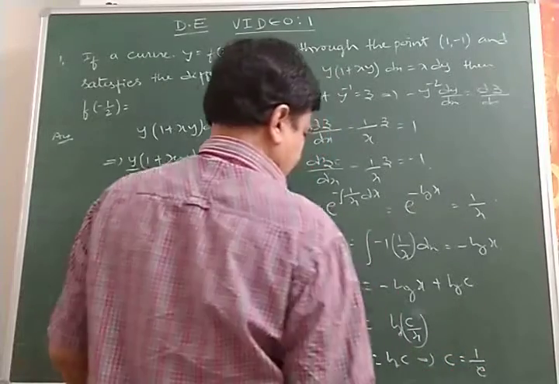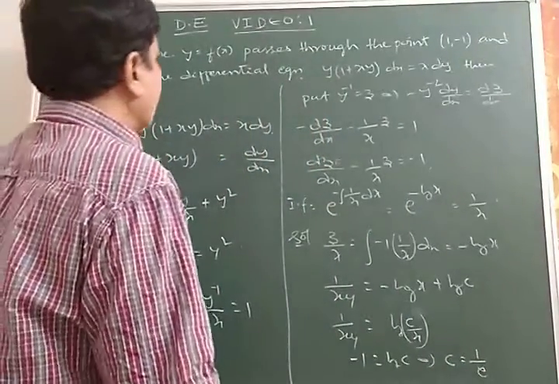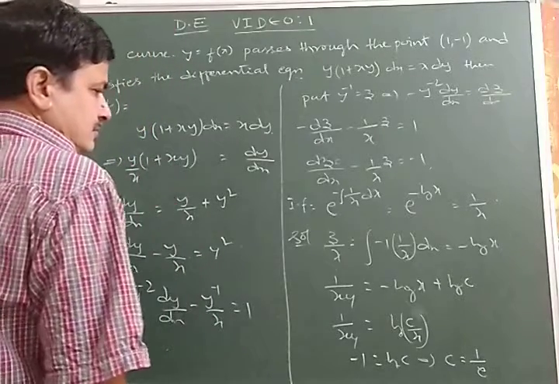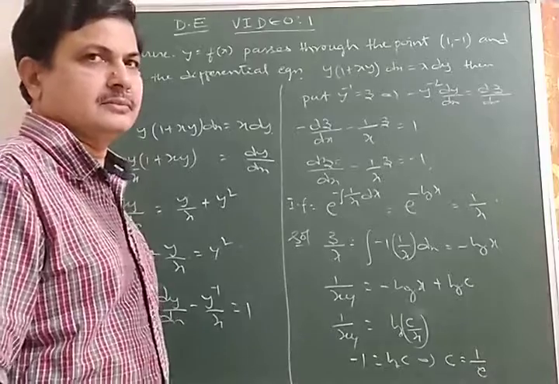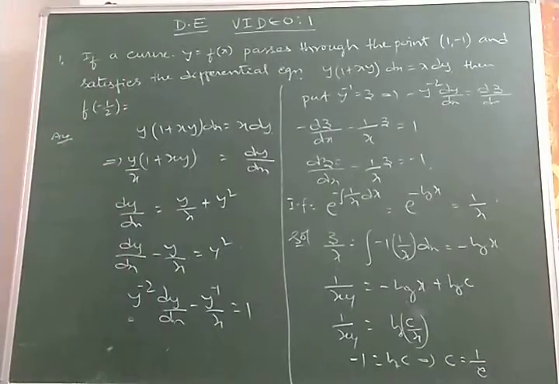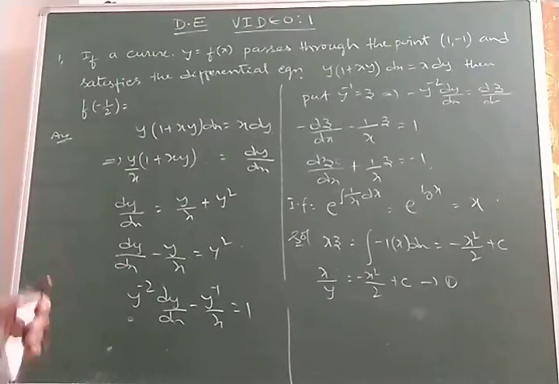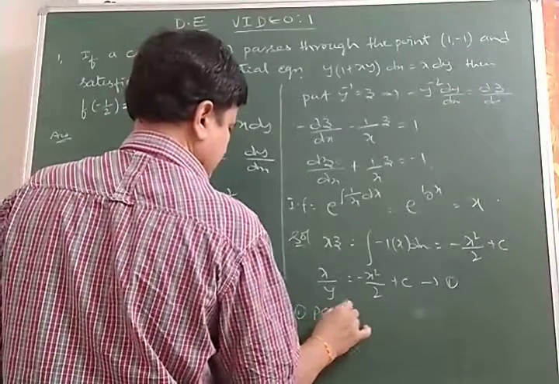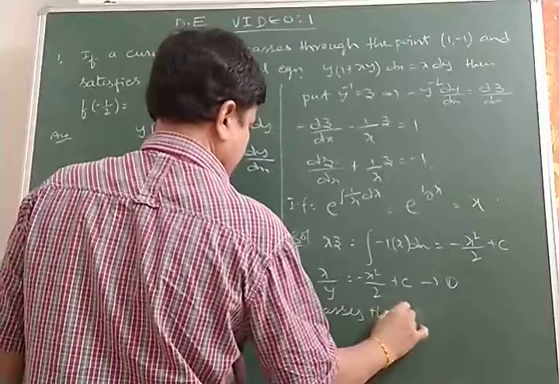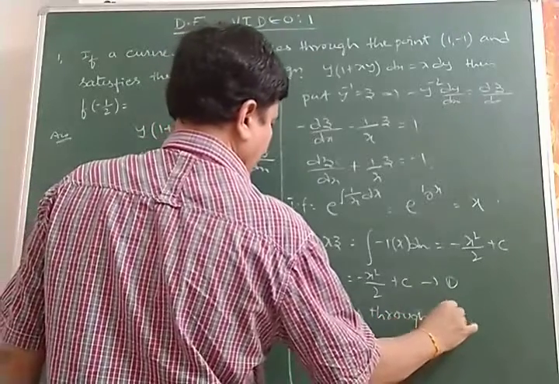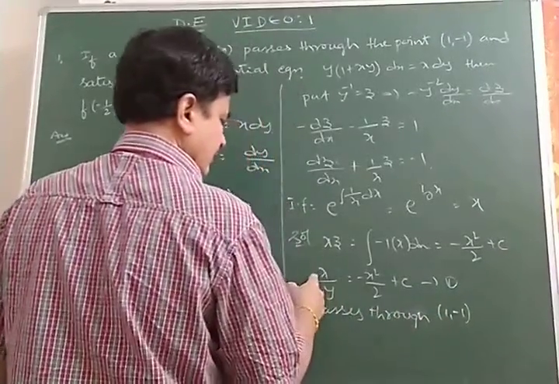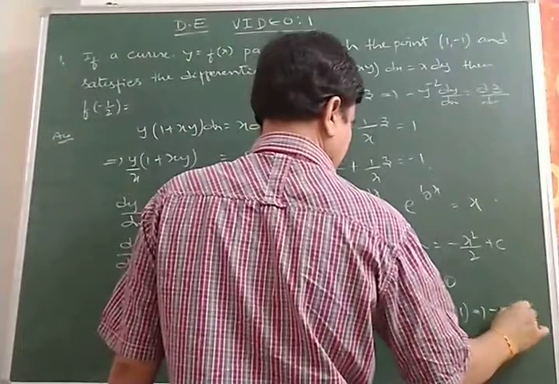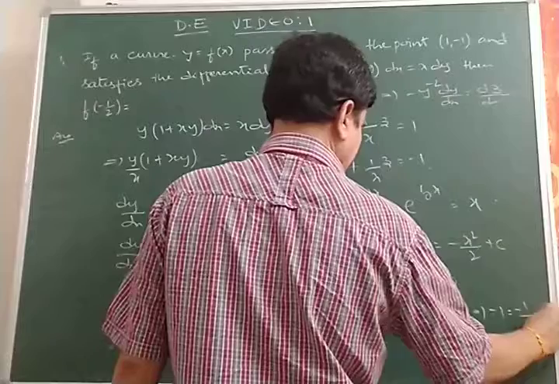If it passes through the point (1, -1), 1 by minus 1 is minus 1 is equal to minus 1 by 2 plus c.